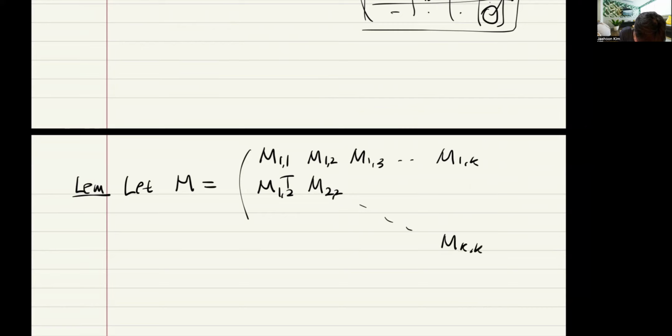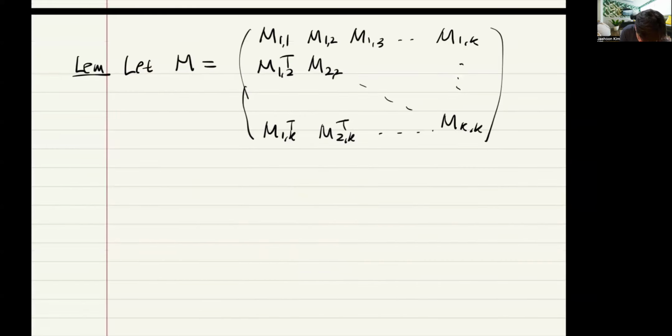And in the last row you have M1K transpose, M2K transpose and so on.